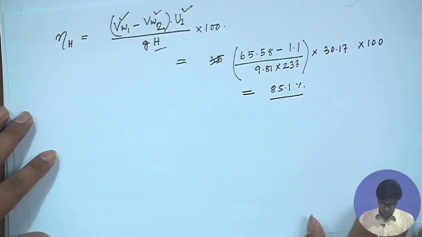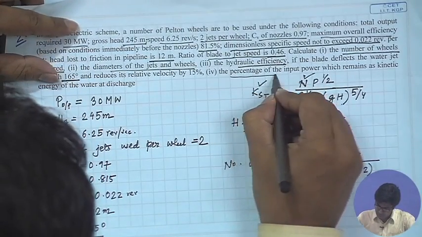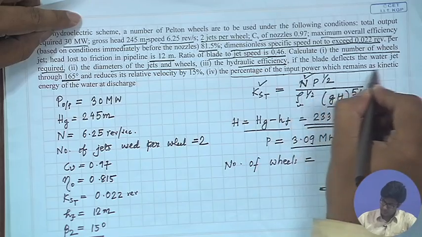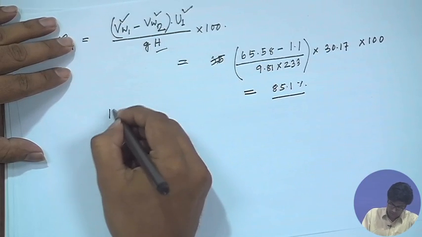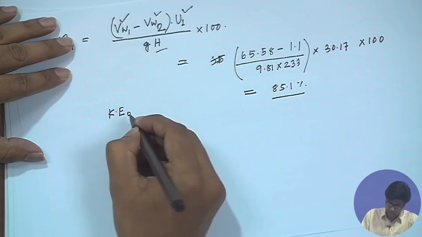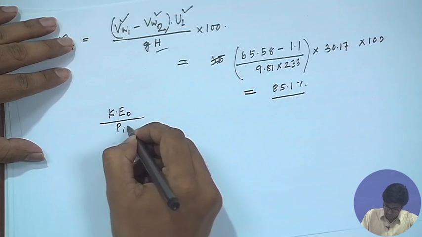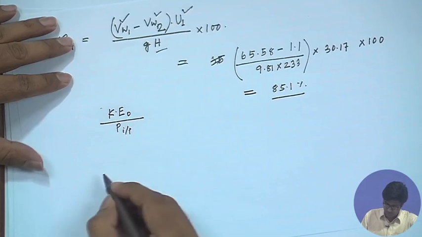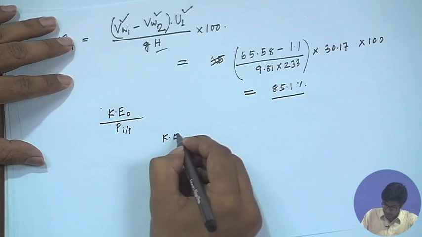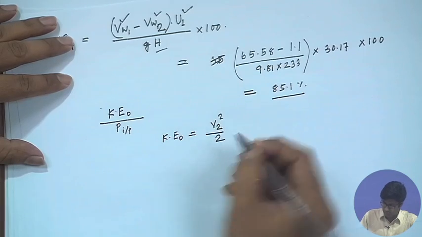Finally, we have to find out the percentage of the input power which remains as kinetic energy of water at discharge. That is, we have to find out the ratio of the kinetic energy at output with respect to the input power. We find out this ratio for both the quantities per unit mass. So, the kinetic energy output per unit mass is given by V2 square by 2.